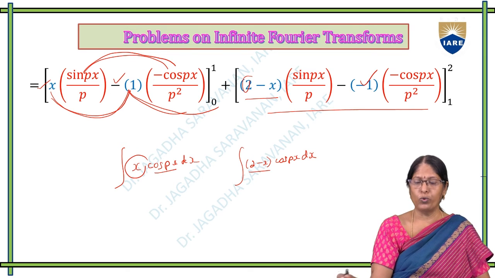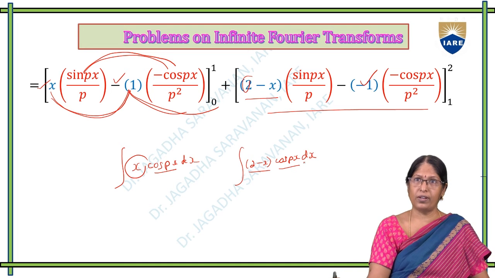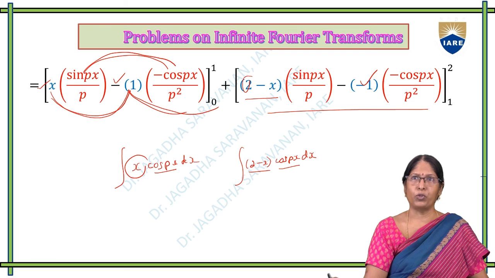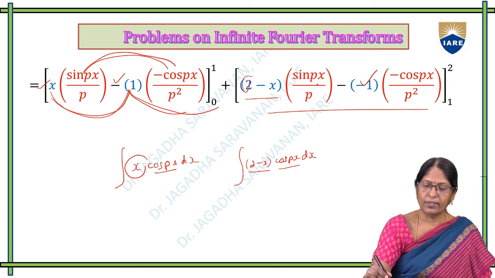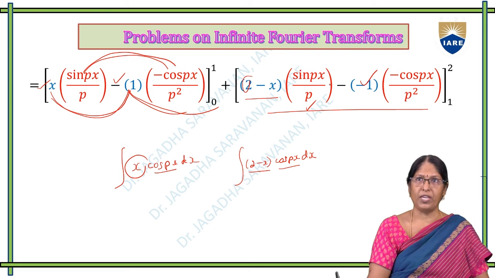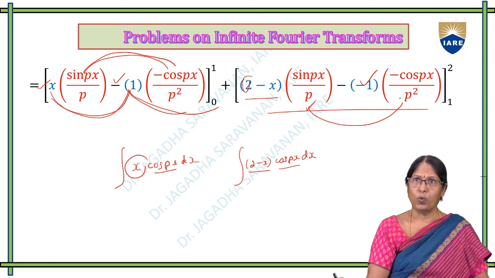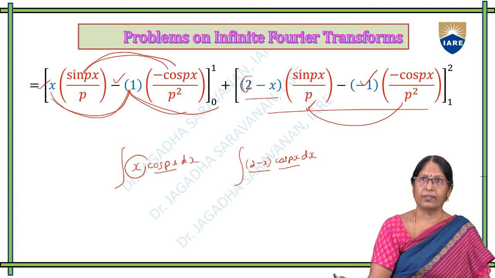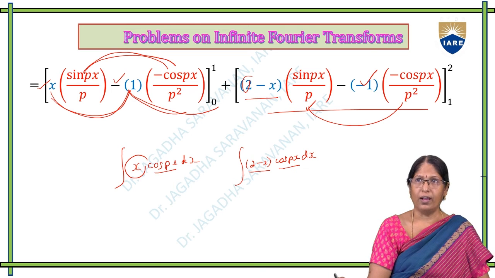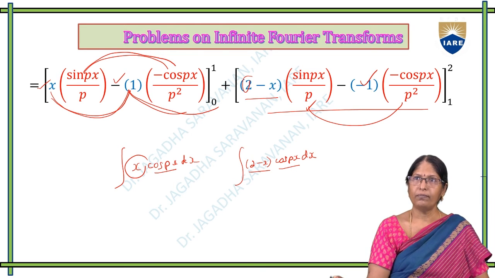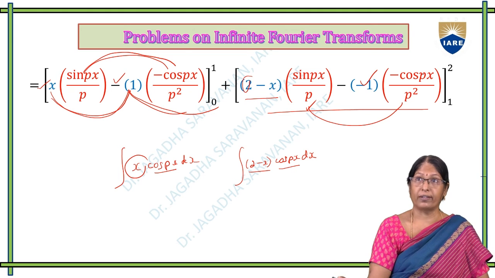Next we move to the trigonometric term cos px. Integrate, and we put it. The integrated one is sin px by p. Again, the integrated one, sin px. Sin integral is minus cos px divided by coefficient of x.